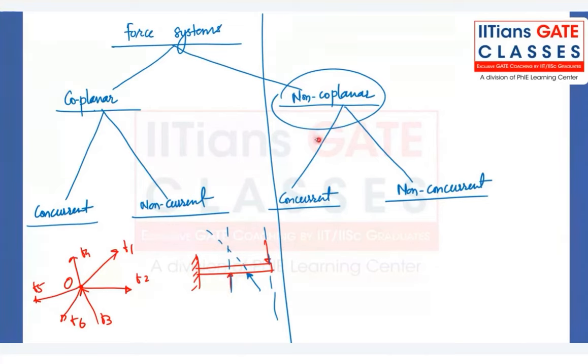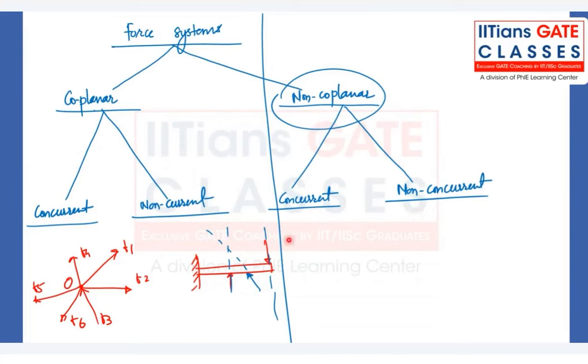So that's why a broader classification looks like this: you will have a coplanar concurrent force system, a coplanar non-concurrent force system, a non-coplanar concurrent force system, or a non-coplanar non-concurrent force system. Okay, so this is how you'll have the different kinds of force systems.